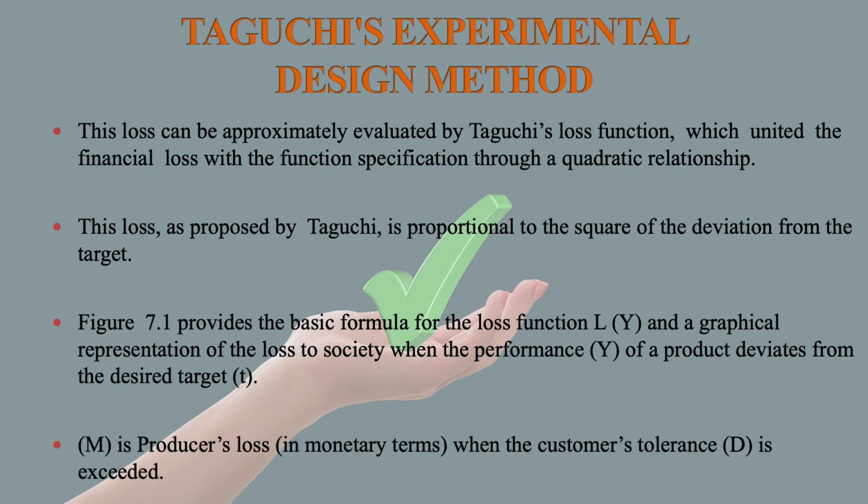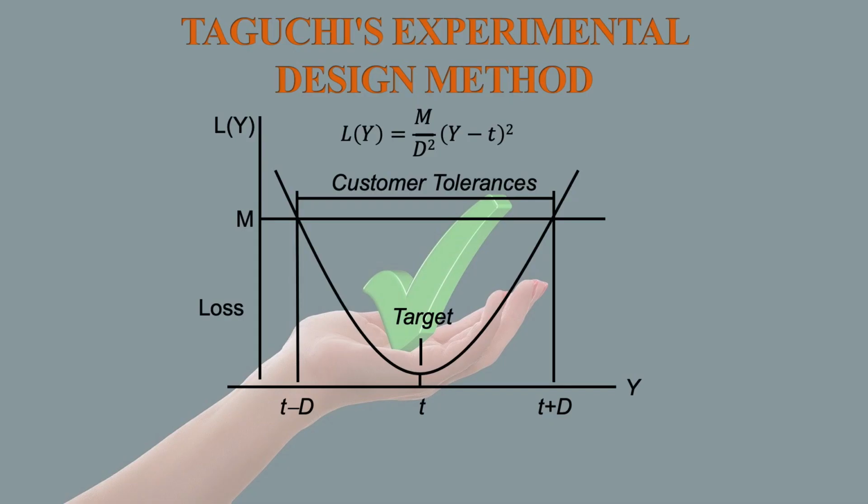M is the producer's loss in monetary terms when the customer's tolerance D is exceeded. So here in this figure you can see that the customer tolerance is given and the target is given.